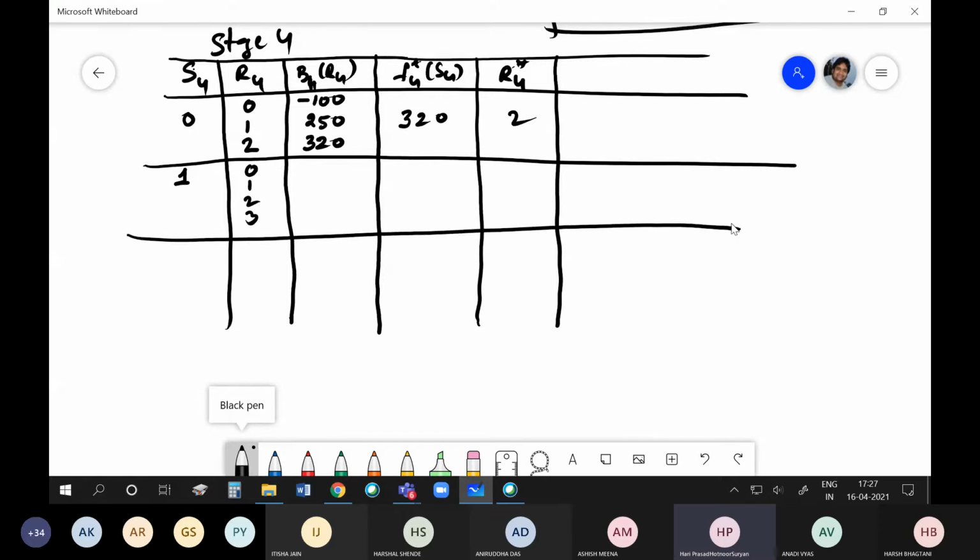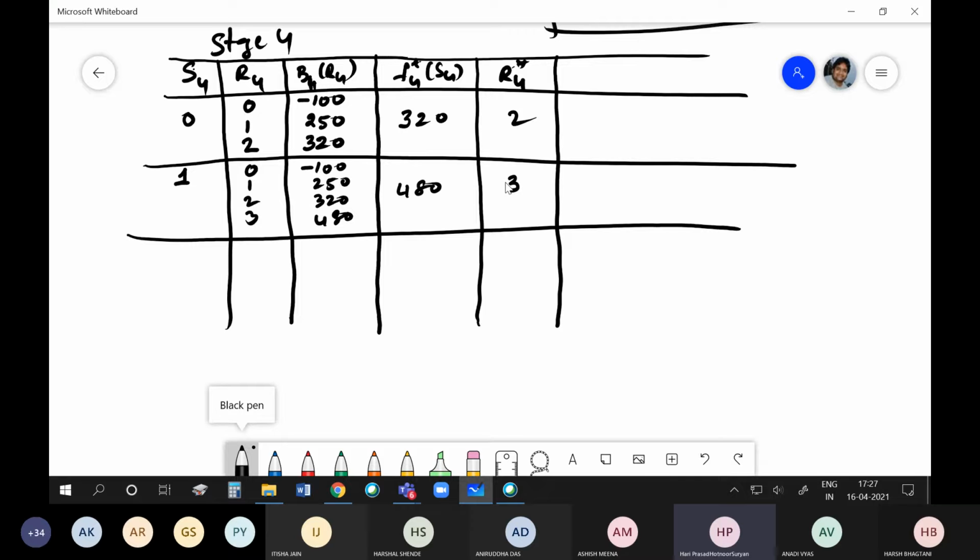If I don't release, it is minus 100, 250, 320 and 480. So what should I do? I should release 3, so I get a benefit of 480. So my R4 star is 3.